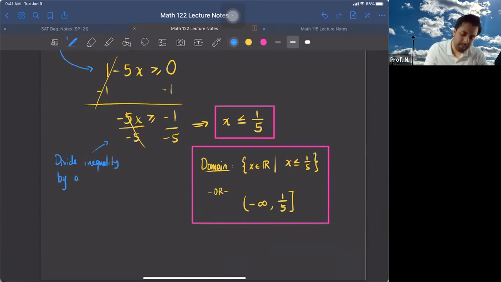Remember that rule: when you divide or multiply an inequality by a negative number, the sign switches. We switch the sign because we divide by a negative number. So when we divide an inequality by a negative number, remember to switch the inequality symbol.